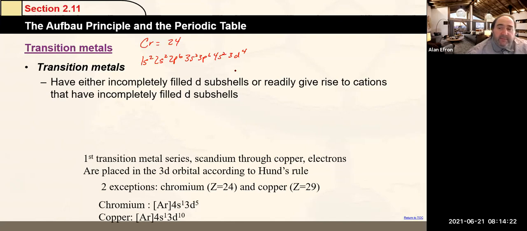Now, it's been found experimentally that chromium and copper are exceptions to how they normally go. And the exception happens right here at the end. At the end, there's actually an extra electron up in the d orbital and one less electron in the s orbital.